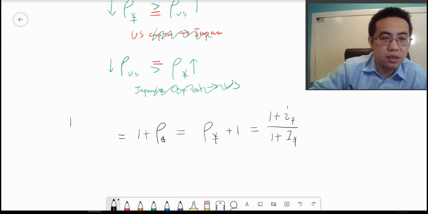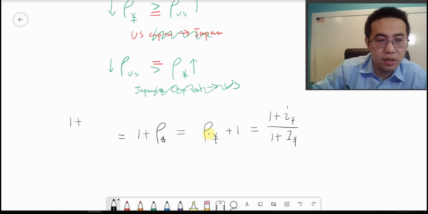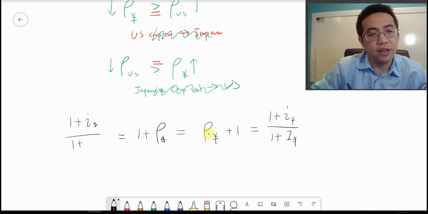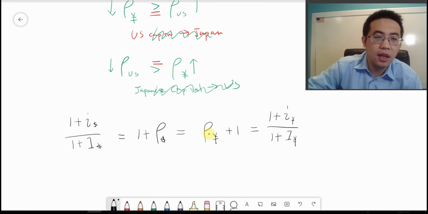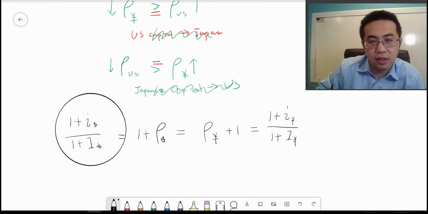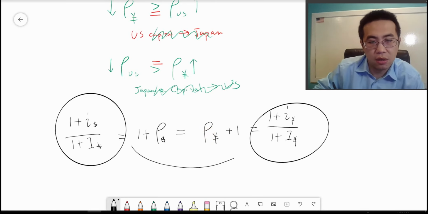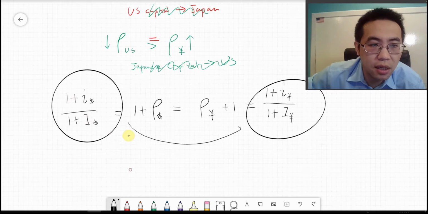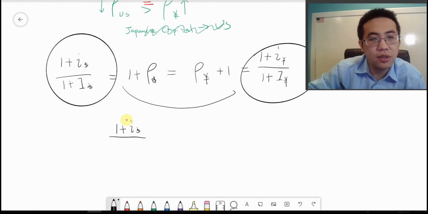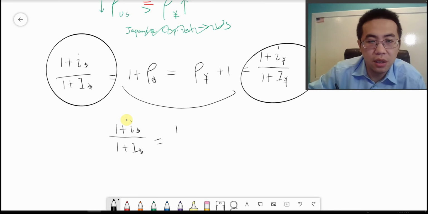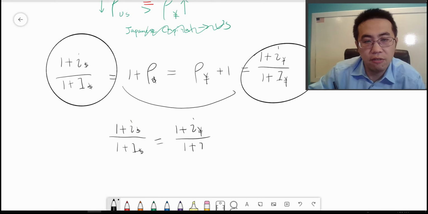Likewise, the real rate of the US plus 1 is the nominal rate of the US divided by the dollar inflation. Then I connect these two parts, and that gives us the US interest over US inflation equals the yen interest over yen inflation.